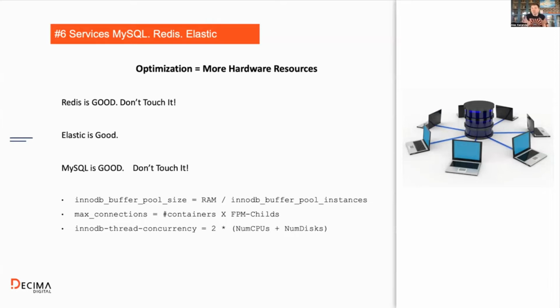So our Magento application is running, and we are communicating with multiple services. To be honest, a lot of improvements have been made in the latest versions of MySQL, Redis, and Elasticsearch. So I would say the default settings of all of these services are really good enough for handling Magento. There's almost nothing to improve.